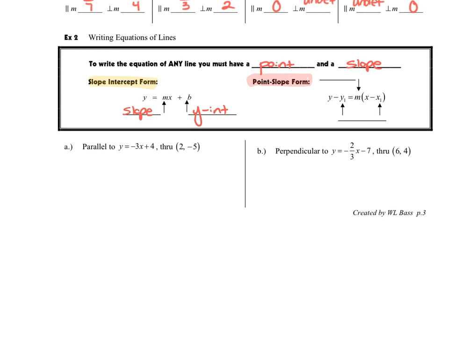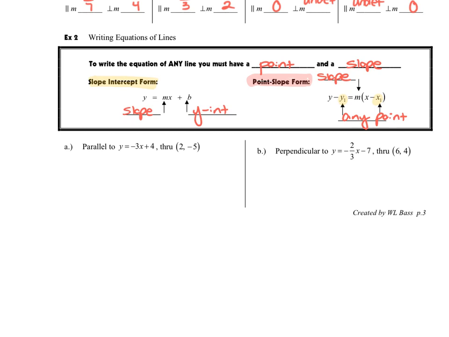The m still means the same thing. The m is still slope. That hasn't changed. But this time, we have this x sub 1 and this y sub 1, and that's not just a y-intercept. It is any point on the line. So this makes this a much more flexible and useful form for us.